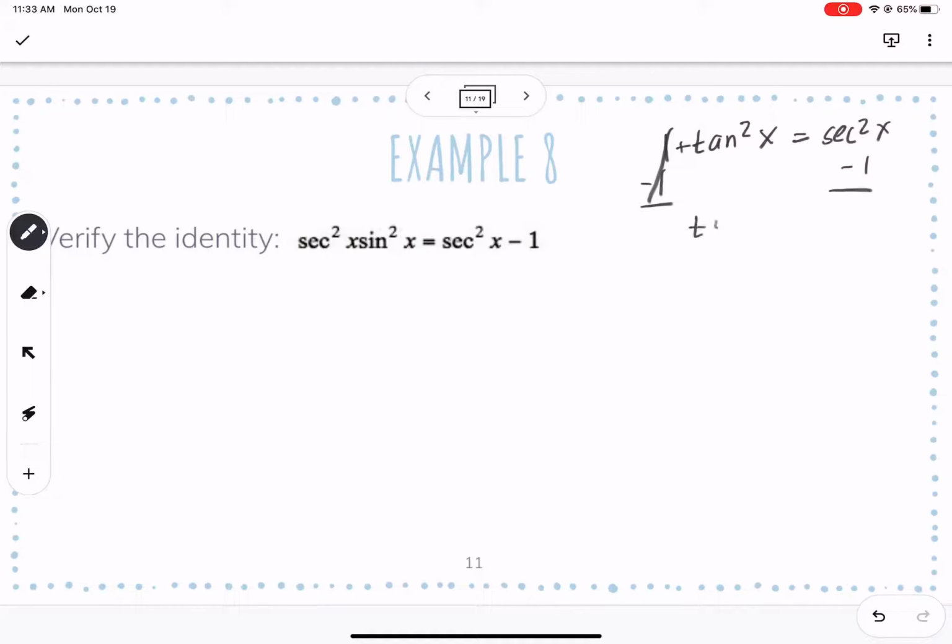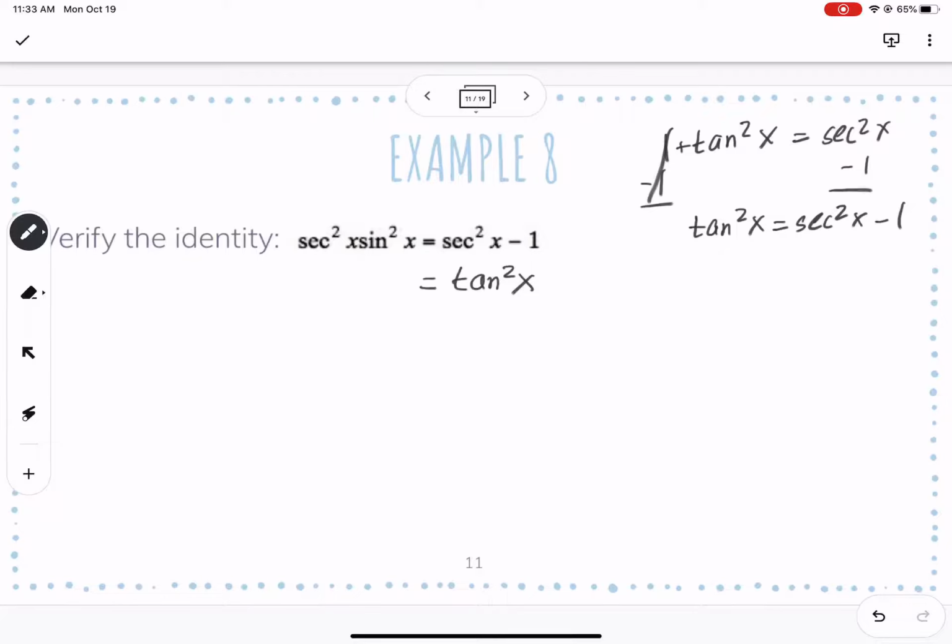Now I have tangent squared equals secant squared minus 1, which is exactly what I have on the right side. So I'm finding it pretty simple to simplify. I'm going to work on that right side and turn that into tangent squared.